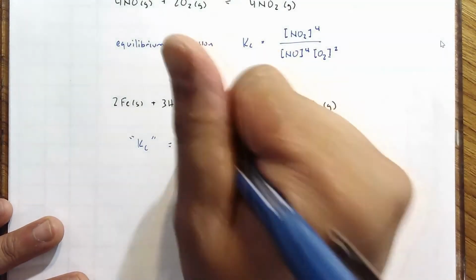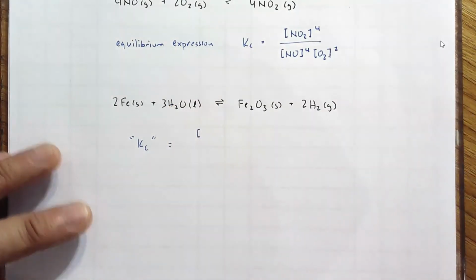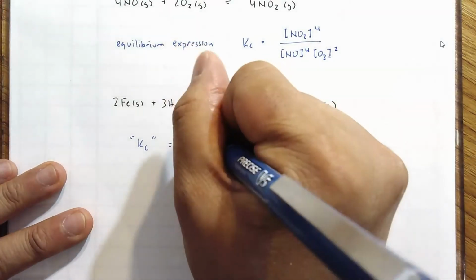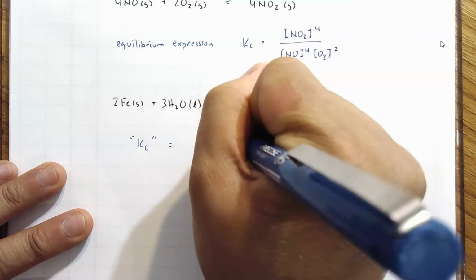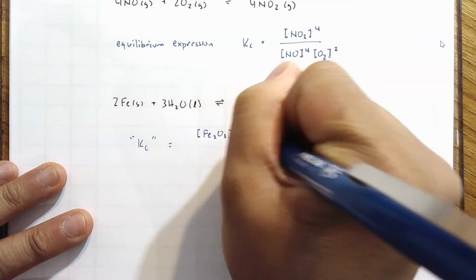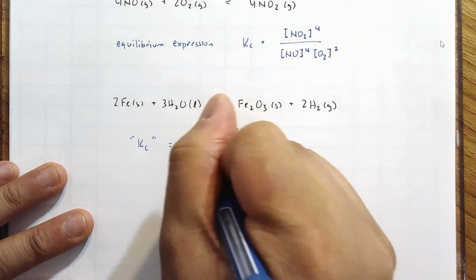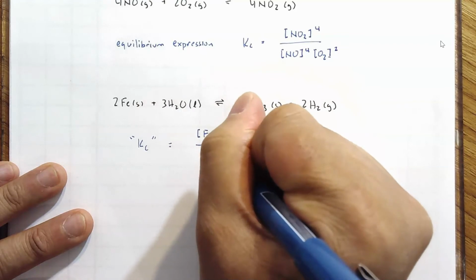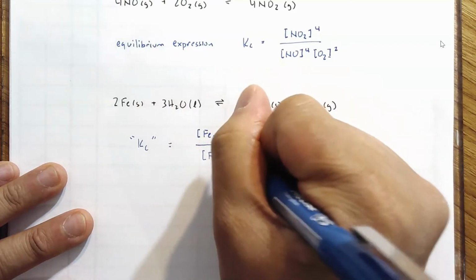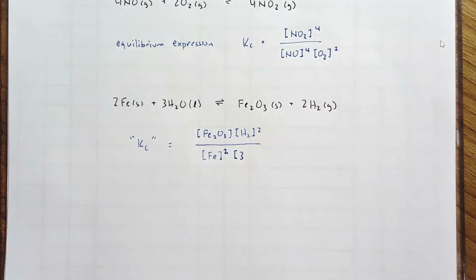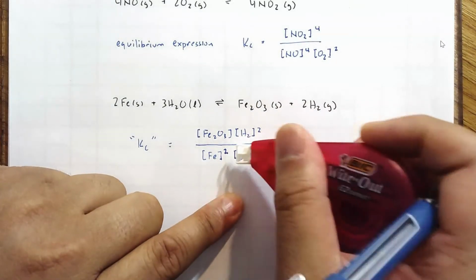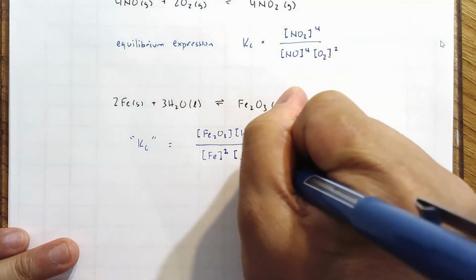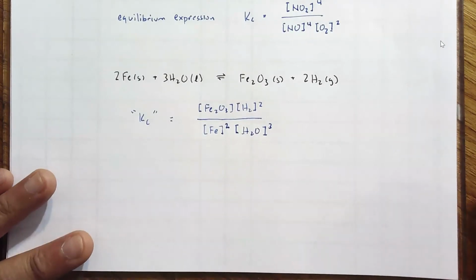Again, this is not the real answer, but this is what we would do if we were just following products over reactants. Fe2O3, H2 gas squared, over Fe squared, oops, I'm rushing, H2O cubed.